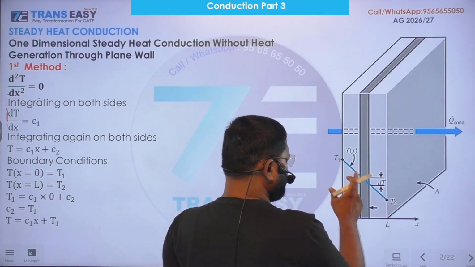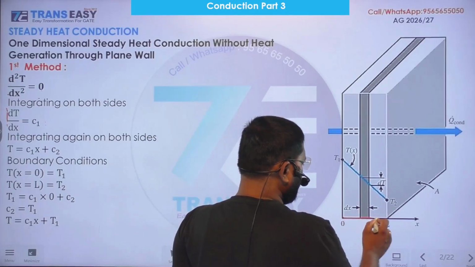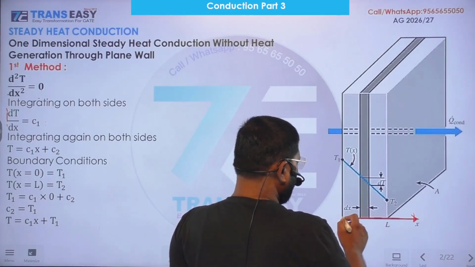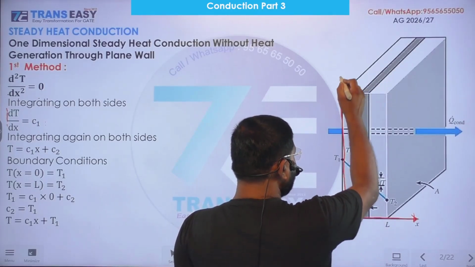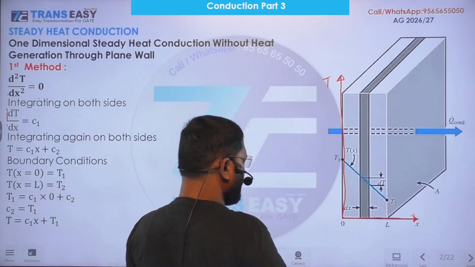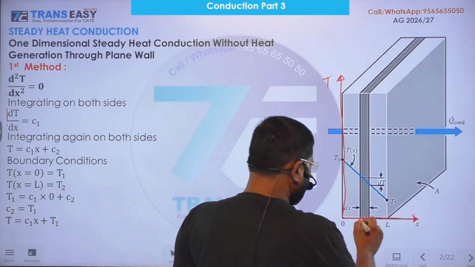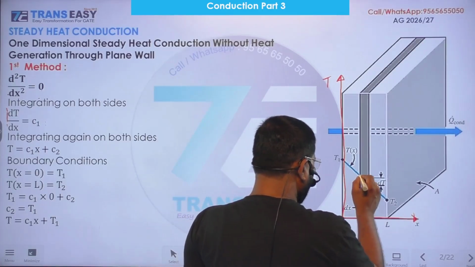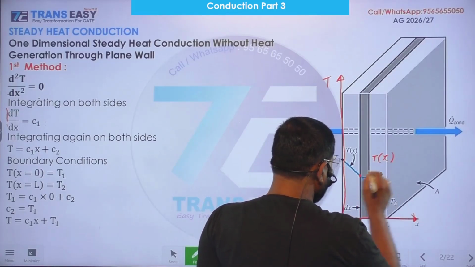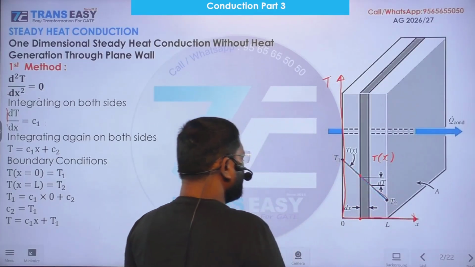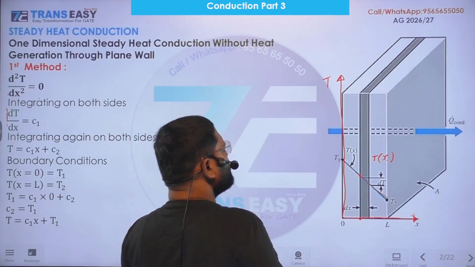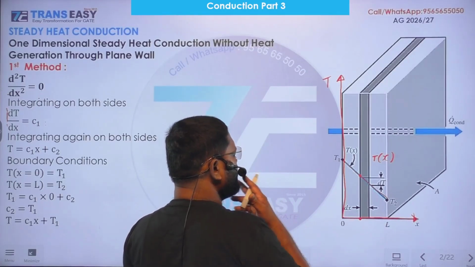So here temperature is varying with x, with the x-axis along this side, and the temperature axis in this direction. So at any x, we can find T, because T is a function of x. So this is the temperature profile along the thickness of this plane wall.